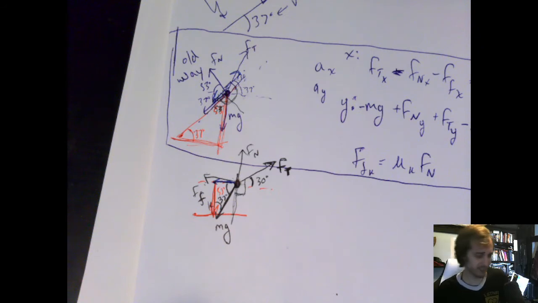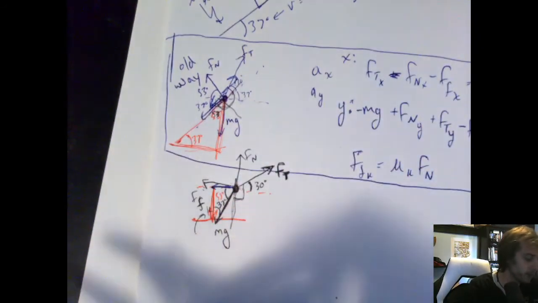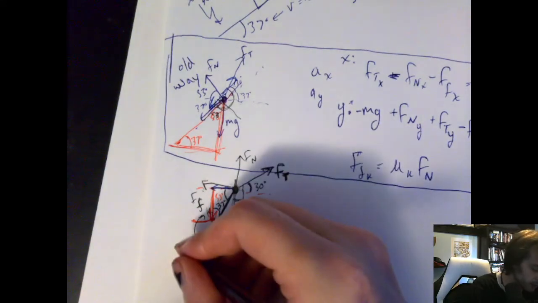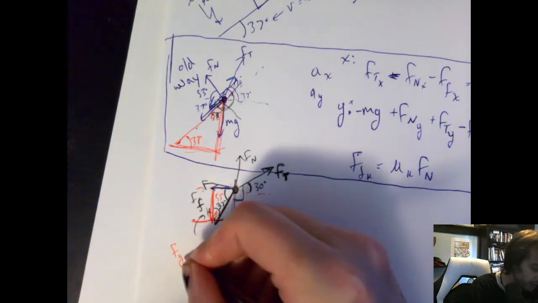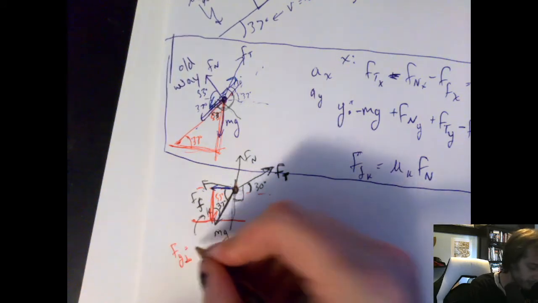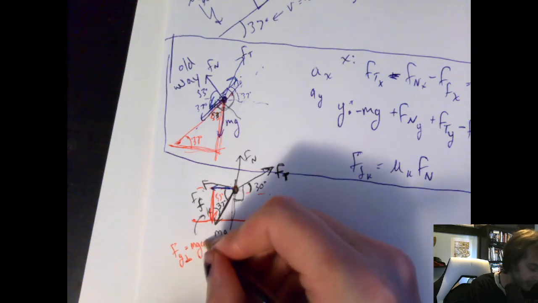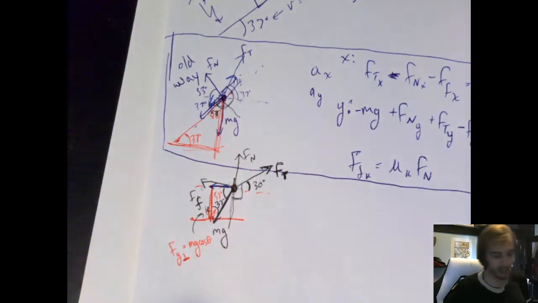When I'm labeling, I'm going to label this one as the force of gravity that's perpendicular. That's why I've got that little perpendicular symbol. And that one is adjacent to my hill angle, so that is mg times the cosine of theta.